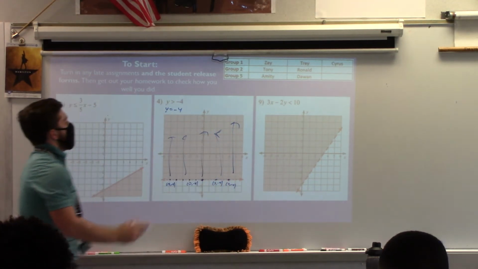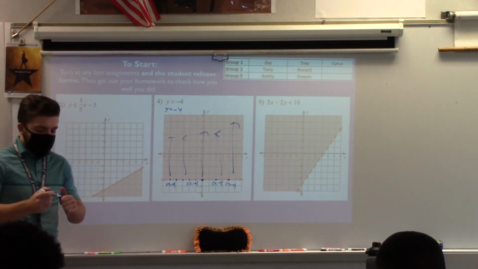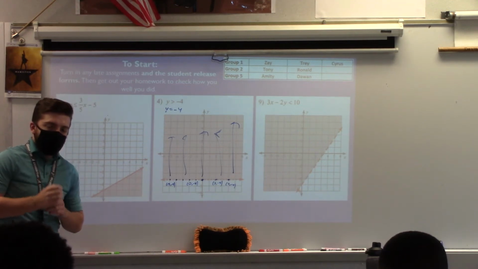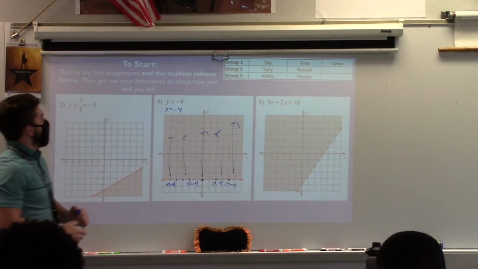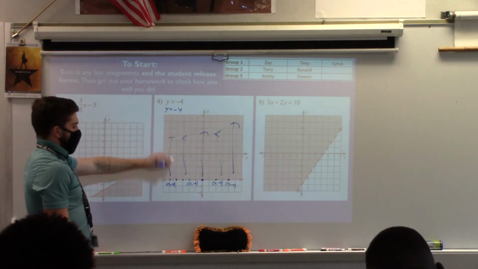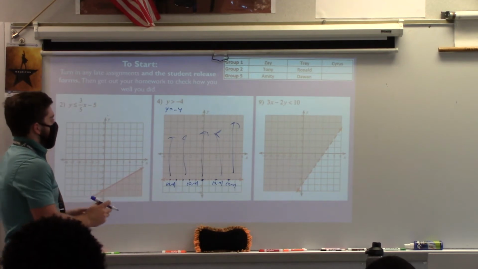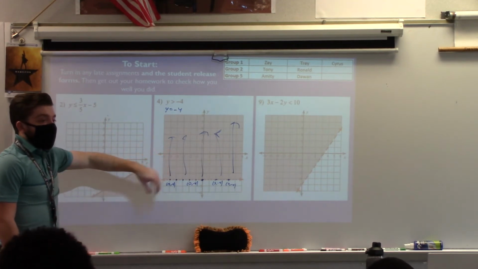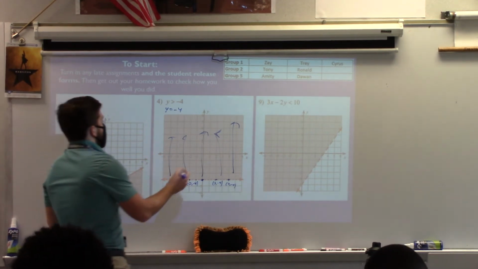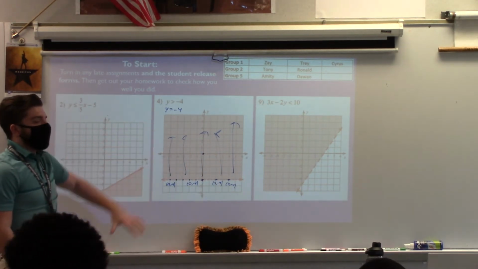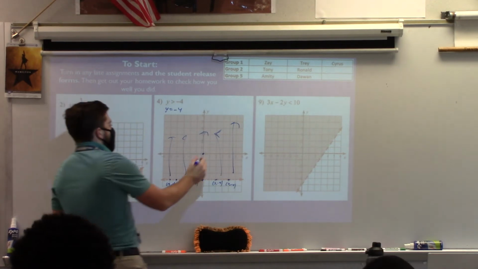Why do you think you would shade that above the boundary line? Because everything greater is above. Because it's greater, exactly. So for greater, it's going to be above the boundary line. If you're unsure of that, you can test a point above the boundary line to make sure it's a solution, because when we shade we're shading all the solutions to this inequality.